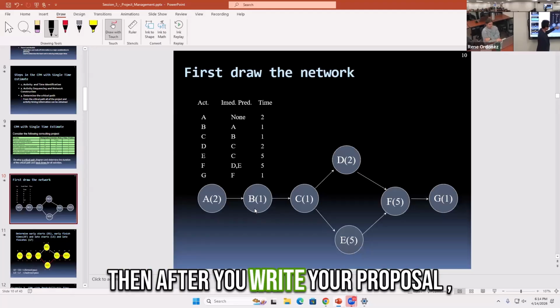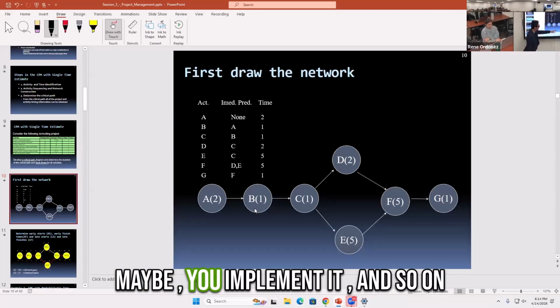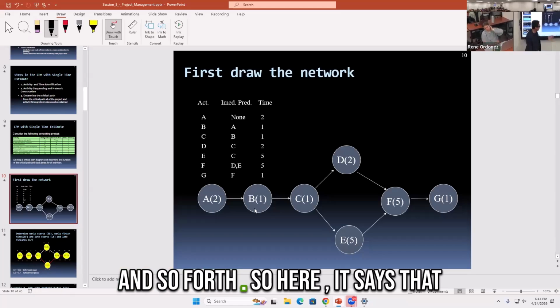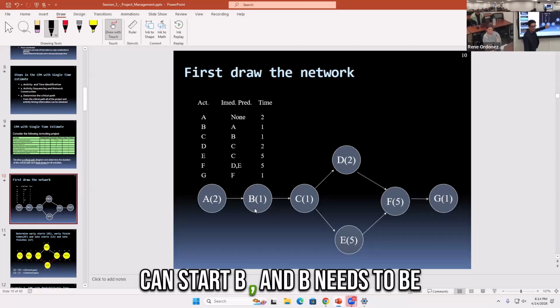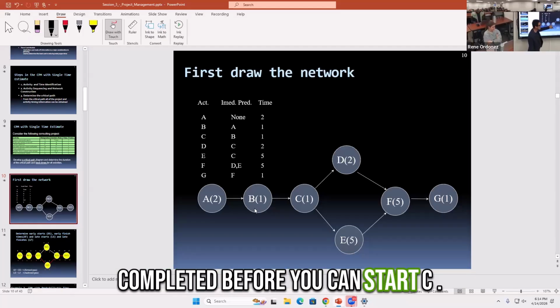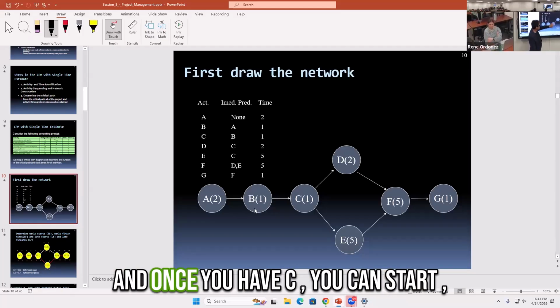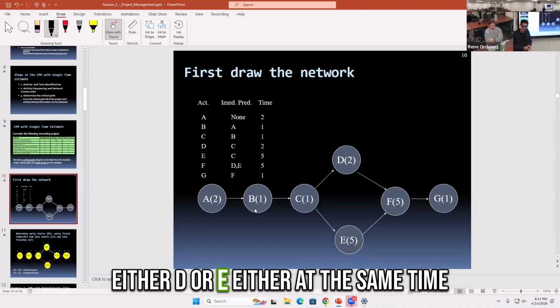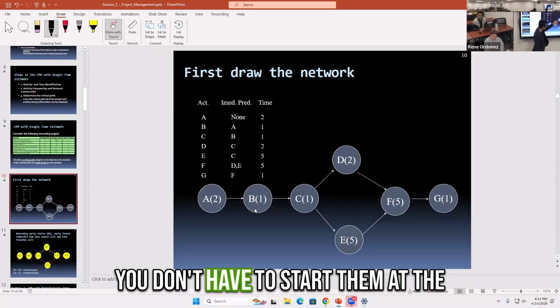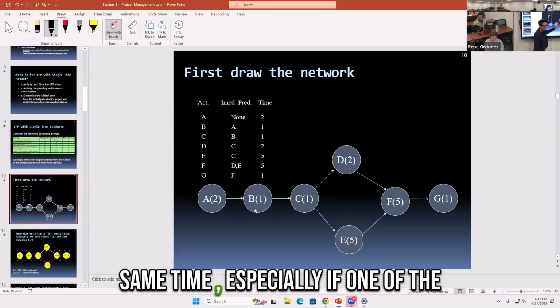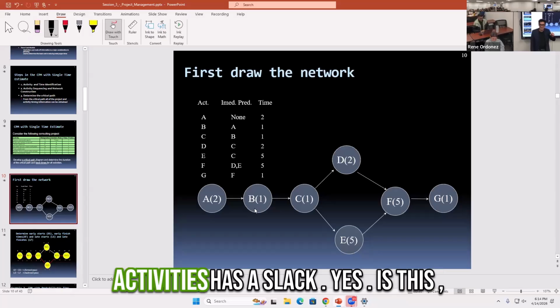And then after you write your proposal, maybe implement it, and so on and so forth. So here it says that A needs to be completed before you can start B, and B needs to be completed before you can start C. And once you have C, you can start either D or E, either at the same time, or sometimes you don't have to start them at the same time, especially if one of the activities has a slack.